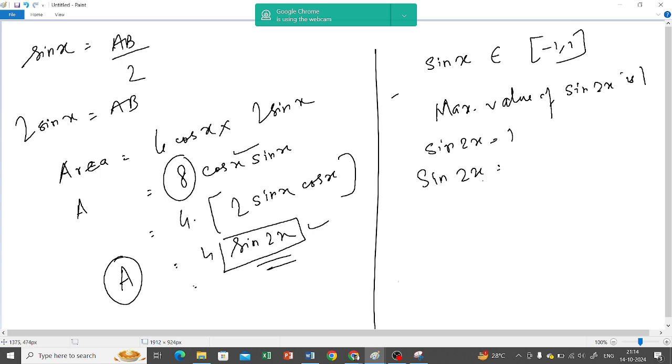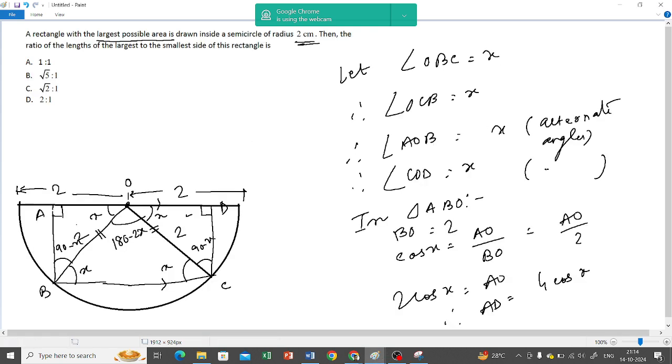Sine 90, বা এখানে pi by 2। তাহলে x কত এলো? Pi by 4, right? So once we have x as pi by 4, we can get AB. What is AB? 2 sin x, that is 2 by root 2. So that is AB. What is AD?